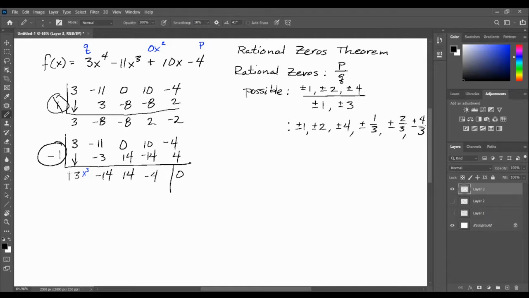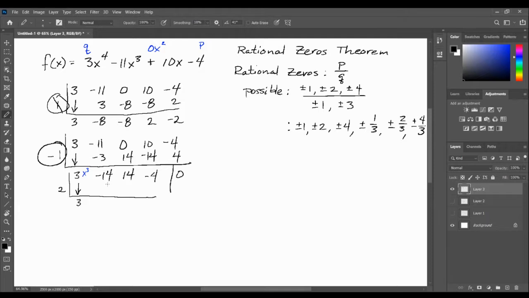Let's see, what number should I guess? I'm guessing, let's see, just thinking it through here. If I had a 2 times 3 is 6, that'd be an 8, 2 is 16. That might work. I don't know that it will, but we can give it a shot. Let's try 2 and see what happens.